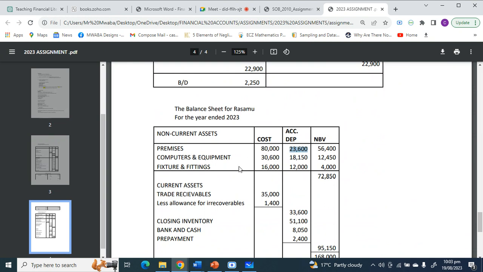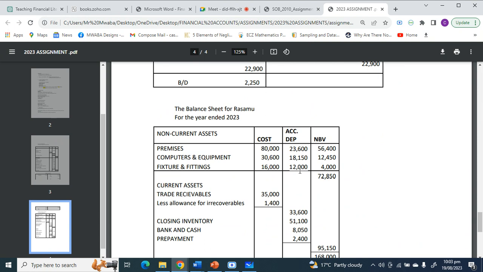The same with computer and fixtures and fittings. The depreciation expenses you tabulated, you're going to add them to the existing accumulated depreciation amounts. That's how we got 18,150 and 12,000.